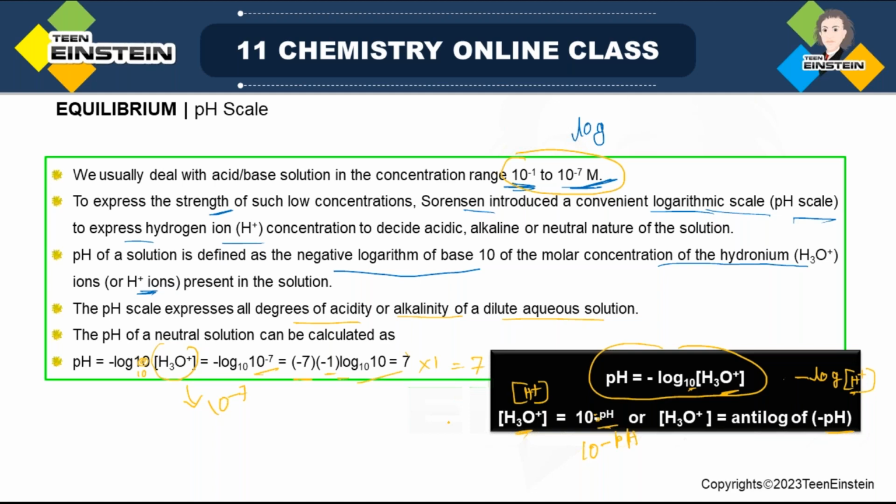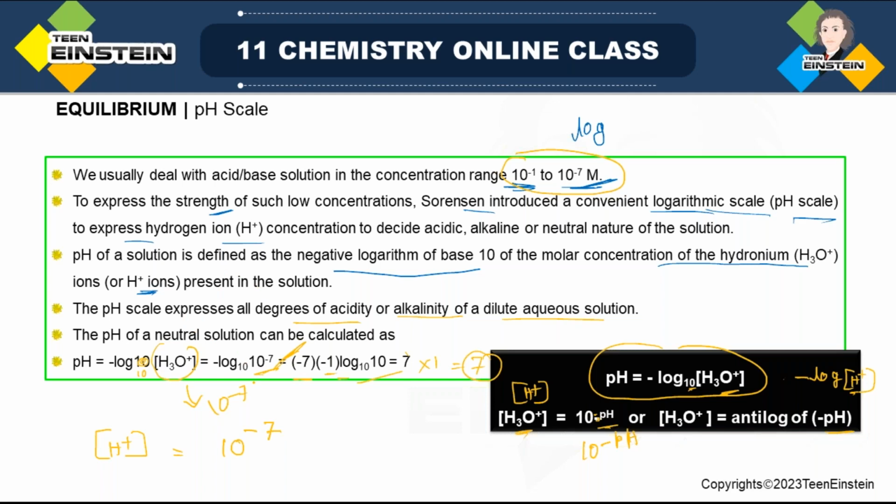So in this way you can calculate the pH of the solution. Similarly, now you know what the pH is. If I now ask you what the H3O plus concentration or H plus concentration will be, the H plus concentration will be 10 to the power minus pH. And what is the pH? pH is 7. So it will be 10 to the power minus 7. So this is the concentration that you already put here. Okay.